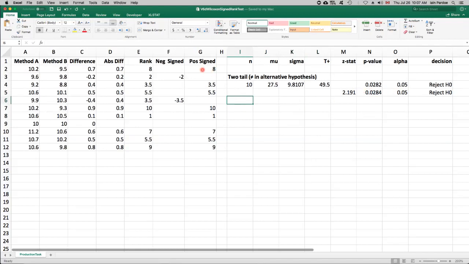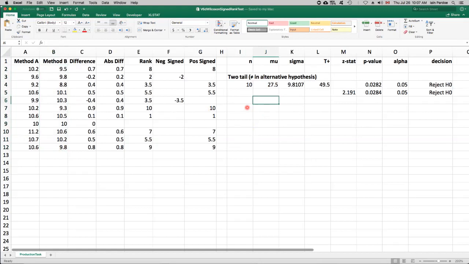In particular, because we got a bigger sum for the positive ranks than for the negative ranks, it looks like that difference is positive. So it looks like method A is taking the workers longer to do than method B is.